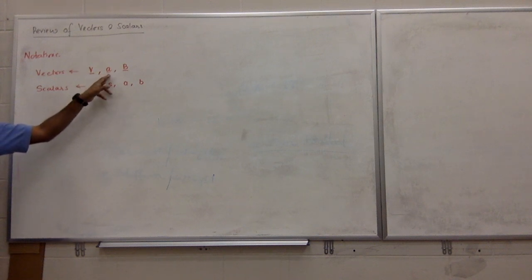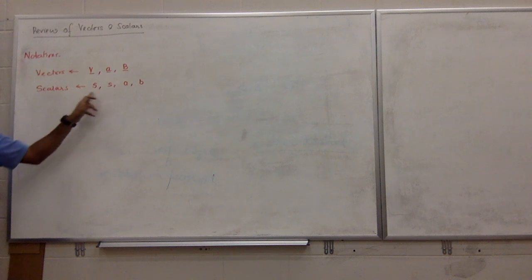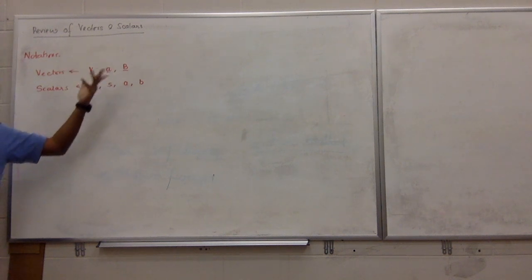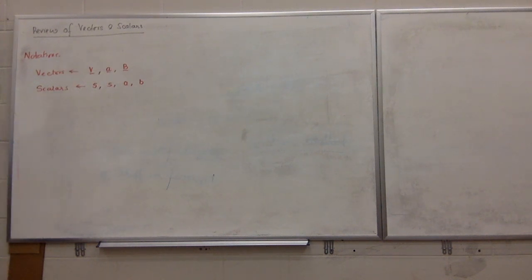A is again just a vector. It could represent anything. But it is a vector when we have it. This cannot be mass. Because mass is a scalar quantity. If you want to use mass, you have to use one of these or any letters for that matter. You can use Greek letters as well.